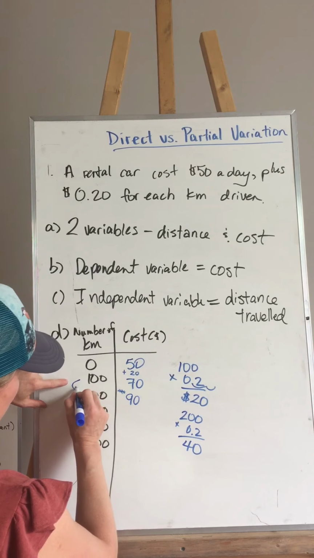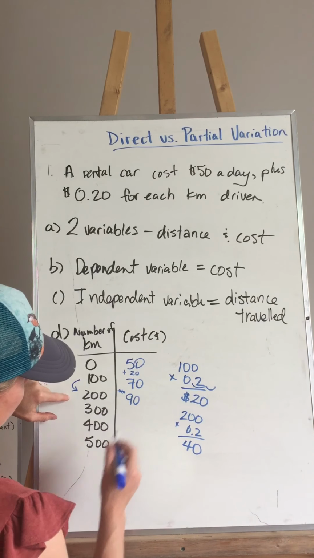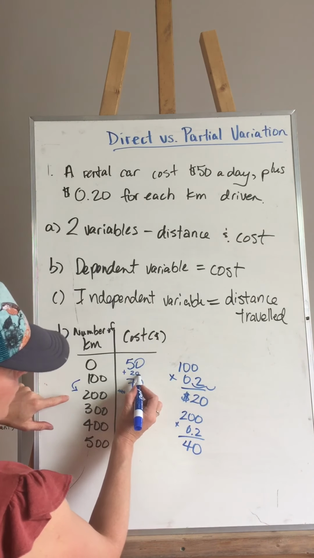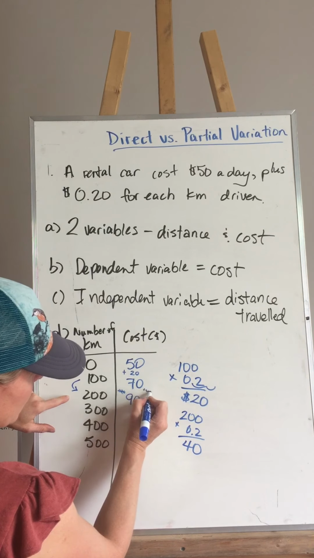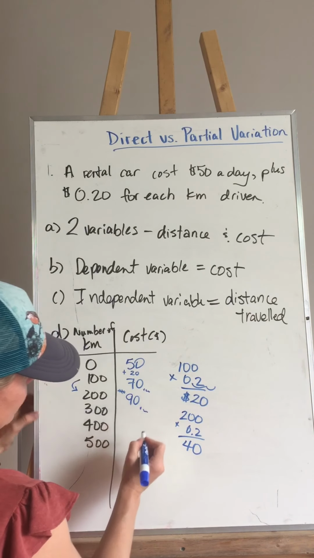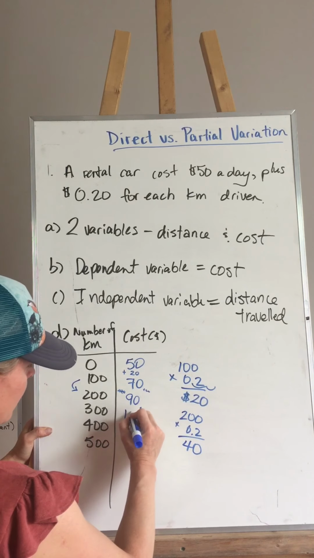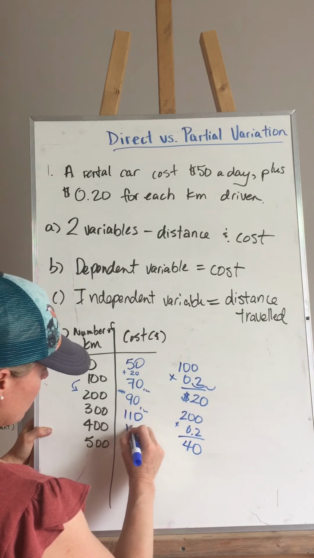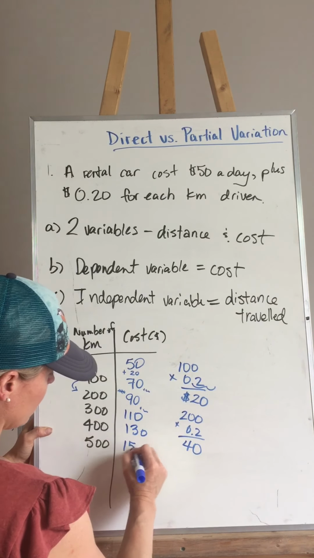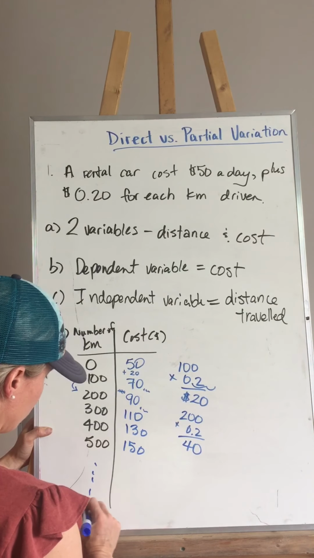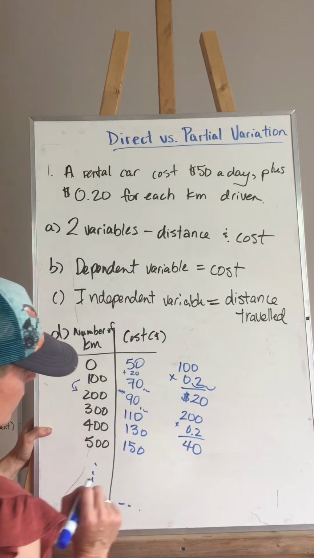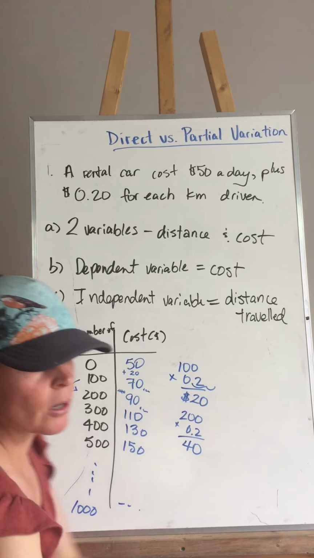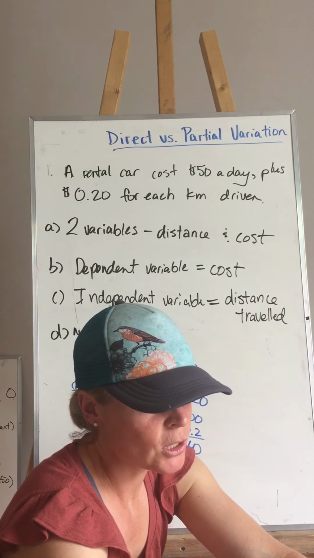Or you can say, well, I've just gone another 100 kilometers and I know every 100 kilometers costs me $20, so I could add 20 here, add 20 here. So you've probably picked up the pattern that this is going to go up $20 each time. And you're going to go down to 1,000 and figure that out. Okay, so that's part D for the worksheet.